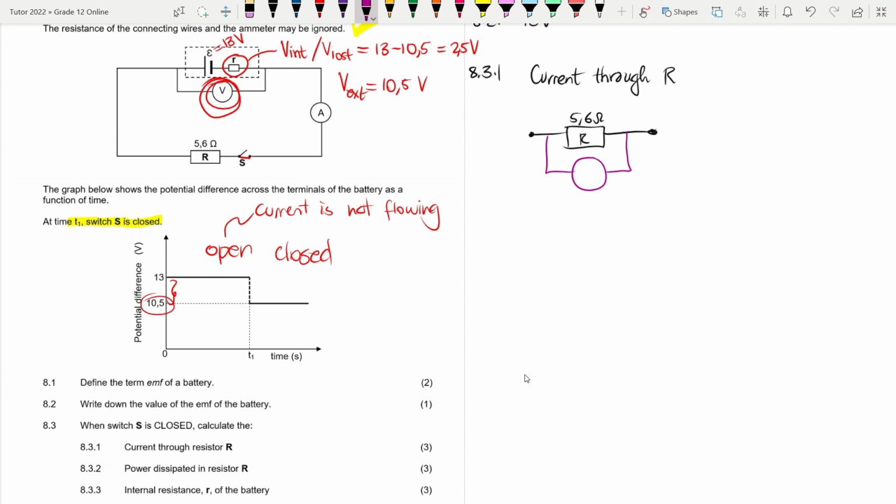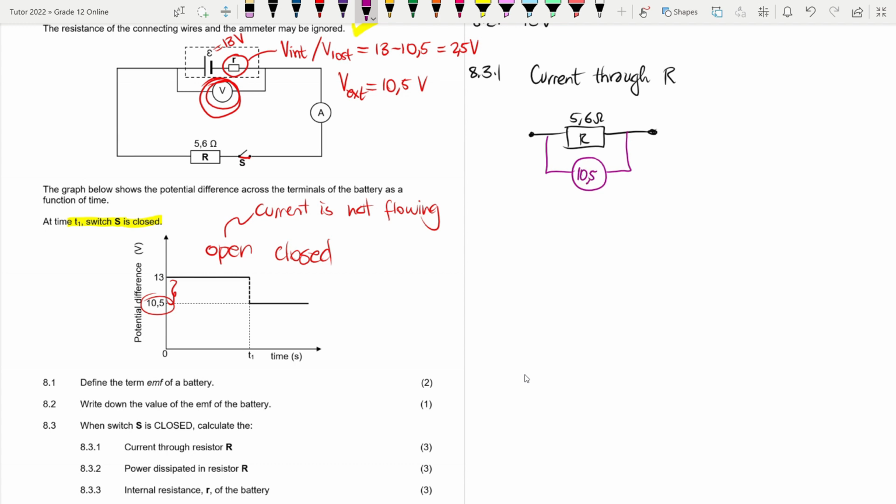Everyone has gone quiet. The question is, what is the voltage across the resistor R? Is it not 10.5?